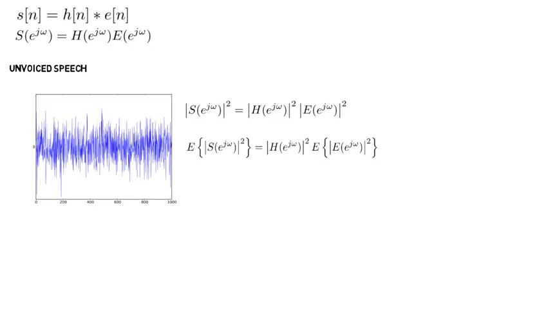And the excitation is a random signal. But the filter is not random. The filter is deterministic. It's set by the way you shape your tongue. And so the expected value of the speech spectrum is equal to the expected excitation spectrum times the magnitude squared of the filter. But the expected value of a Gaussian white noise signal has a spectrum of 1.